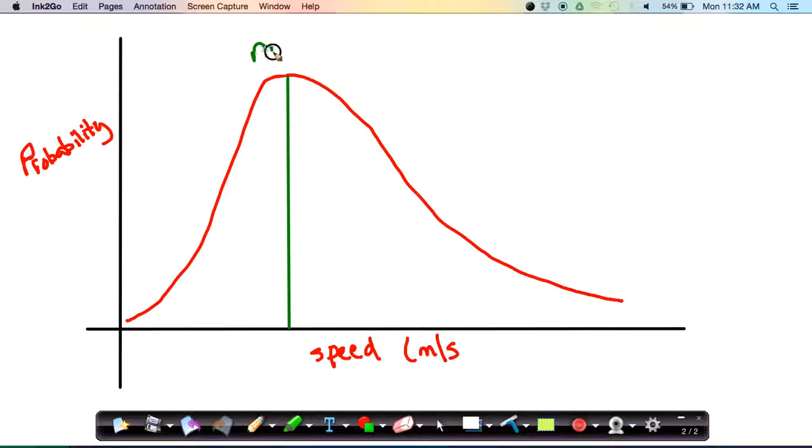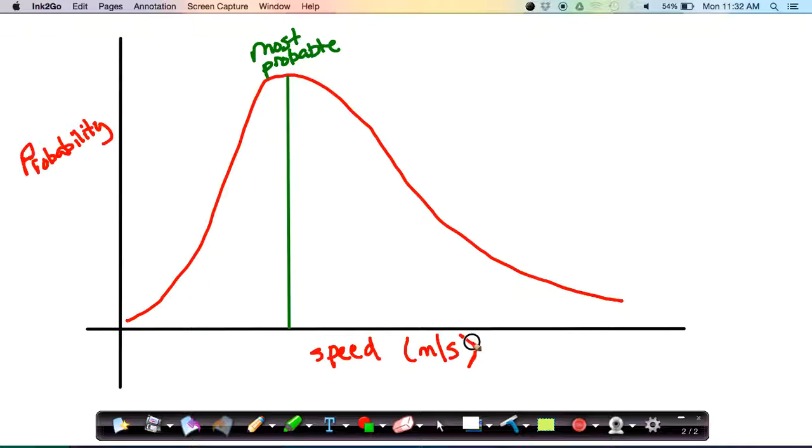So this is the most probable speed. That is actually not the average or the root mean square speed. So this is something that can be a little bit confusing when looking at these Boltzmann distributions. The speed that is associated with that peak is simply just the most probable speed of that particular speed distribution. It's not the average, it's not the root mean square, it's the most probable speed.